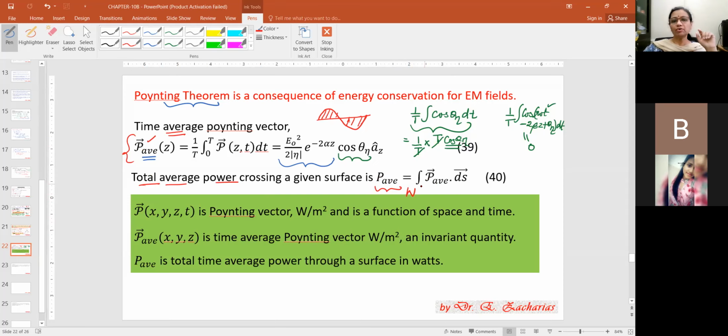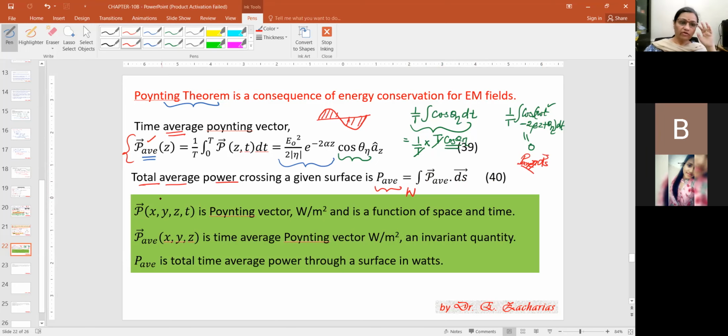And you get it by doing integral of average power density dot ds. Why dot ds? Because your ds vector and your average power vector will both be parallel to each other. Okay, and they will be radiating out of the surface.